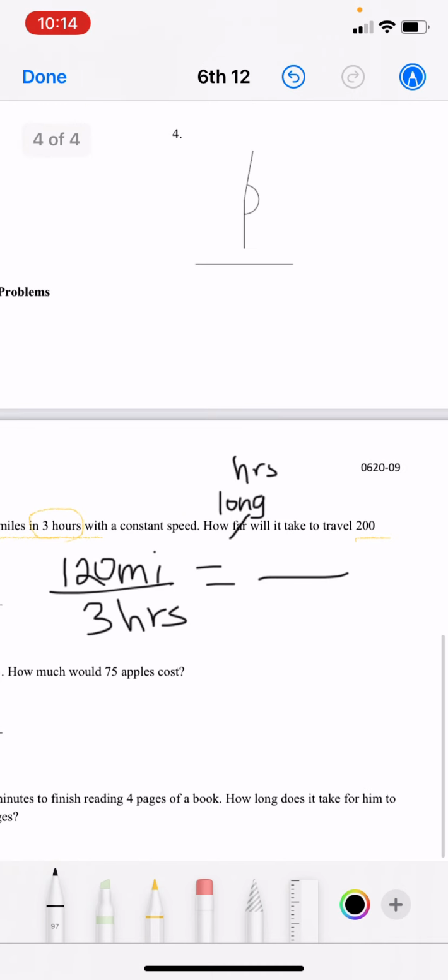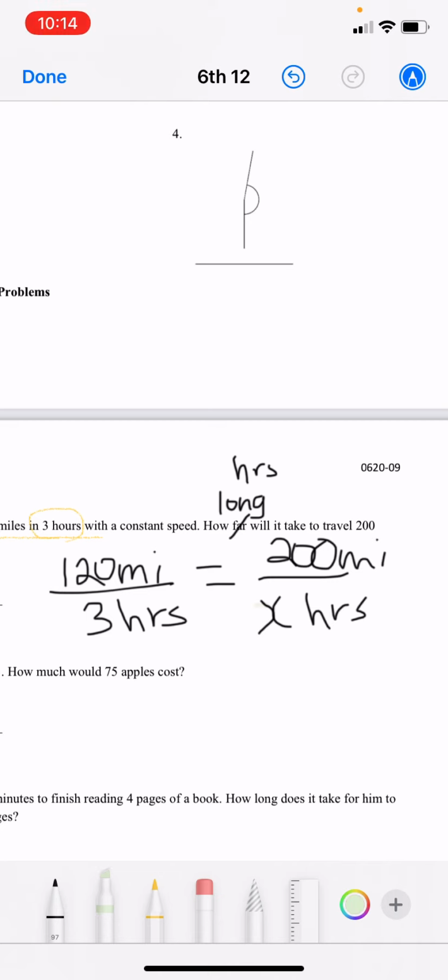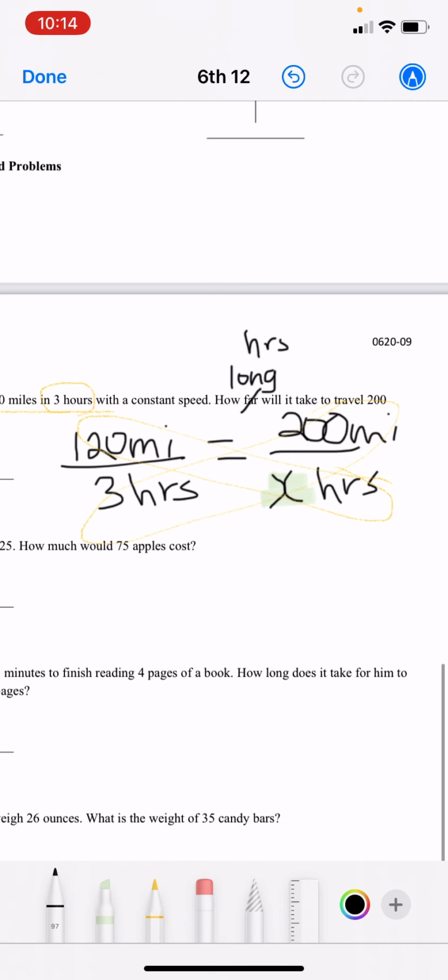And then how many hours are we going to travel? We're going to call it X, because we don't know. So how many hours are we going to travel in 200 miles? We're looking for this X. Here we're just going to cross multiply.